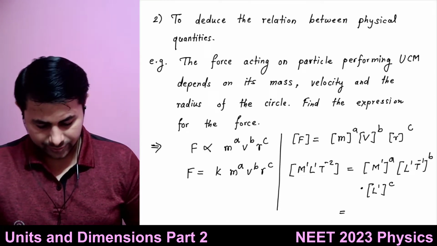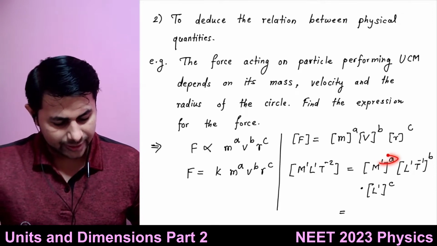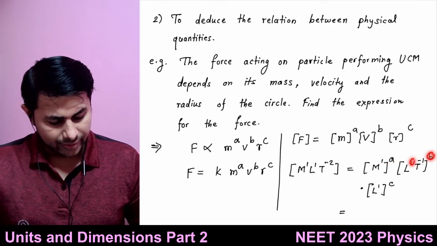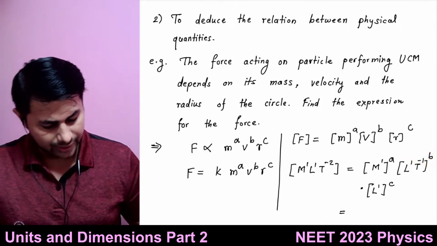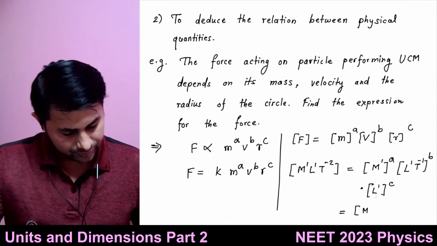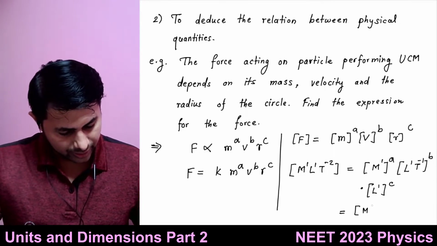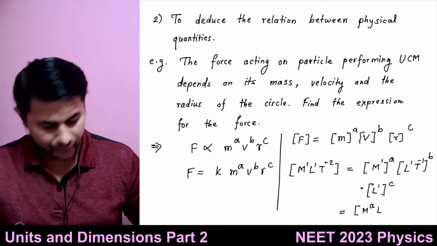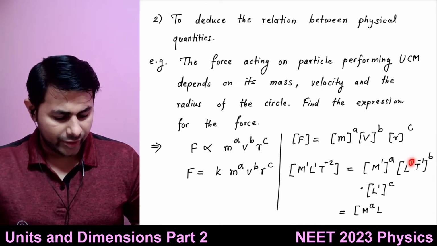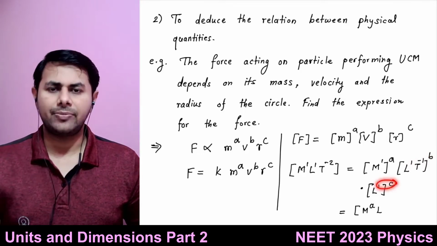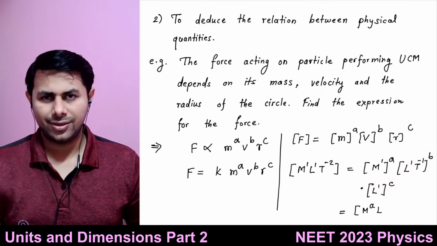Now let's multiply this out. M raised to a. Then what do we have for L? We have L^b and L^c, that means L raised to b plus c.